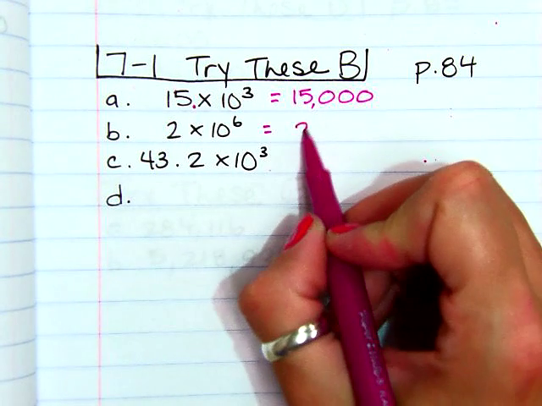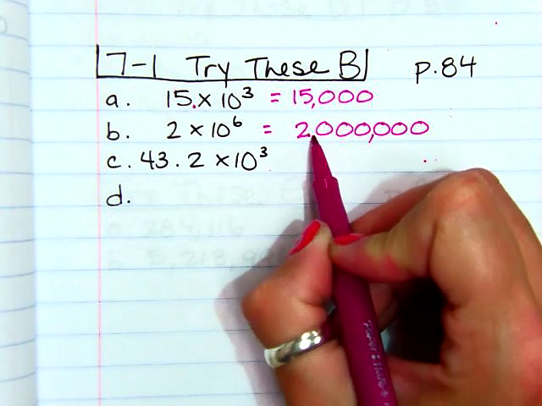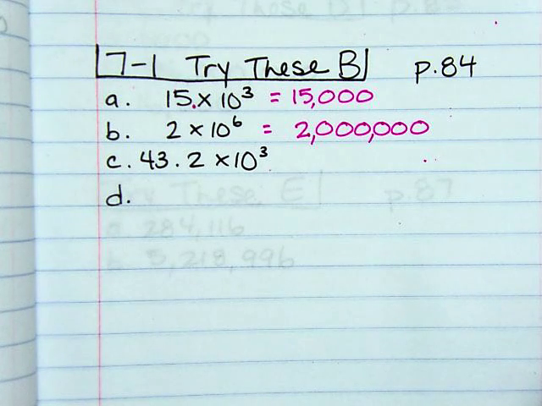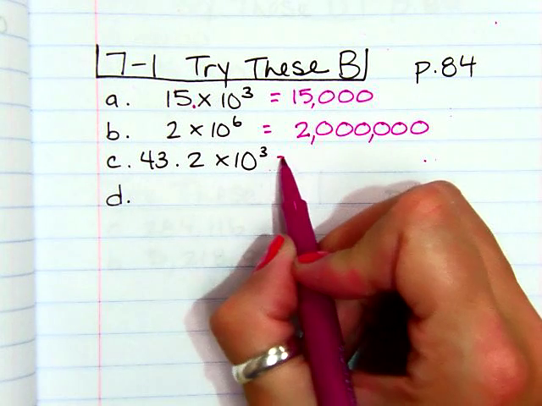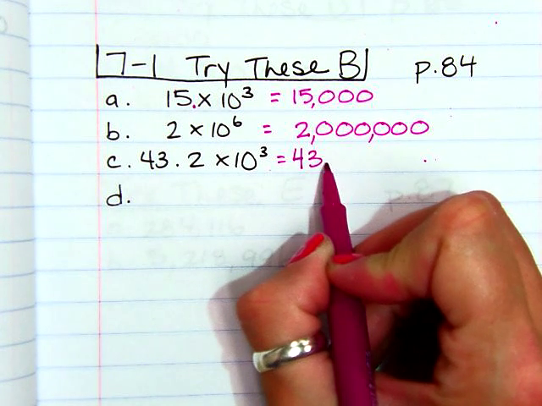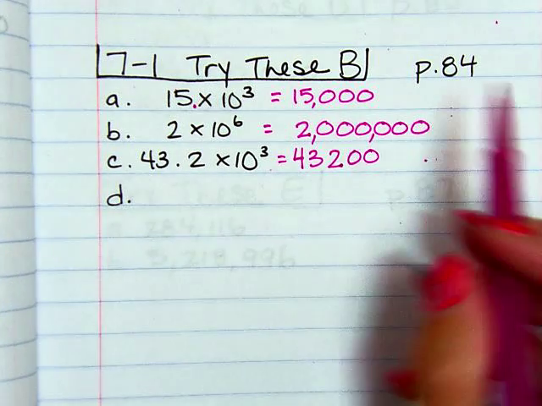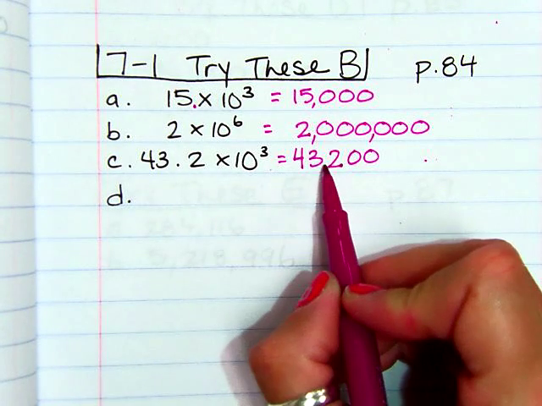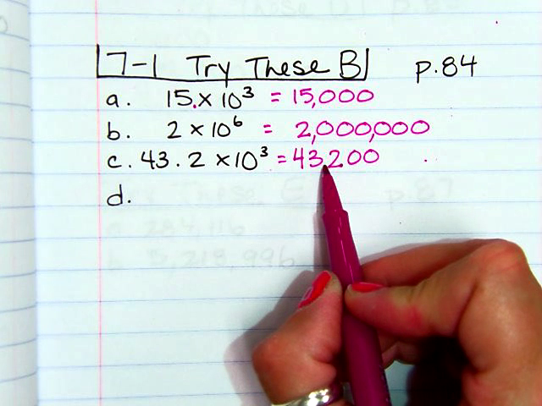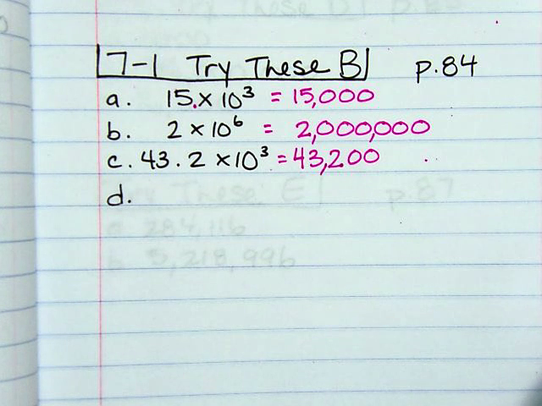Likewise, if I start with 2 and I add 6 zeros, I now have 2 million. And last, I have 43.2, and I'm going to add on a couple zeros. Now, the reason why I only added on 2 was because my decimal point was here. I added on 3 place values, 1, 2, 3, which gives me the 43,200.